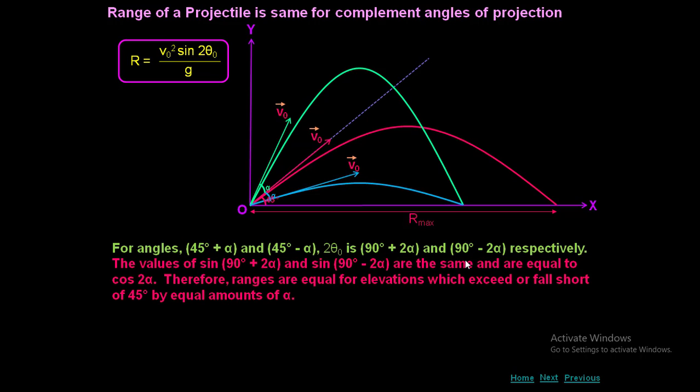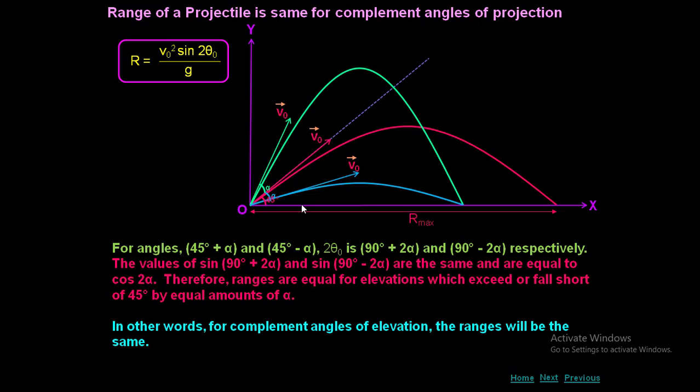The values of sin of 90 plus 2 alpha and sin of 90 minus 2 alpha are the same and are equal to cos 2 alpha. Therefore, the ranges are equal for elevations which exceed or fall short of 45 degree by an equal amount alpha. That means if you take more than 45 or less than 45, the range remains the same.